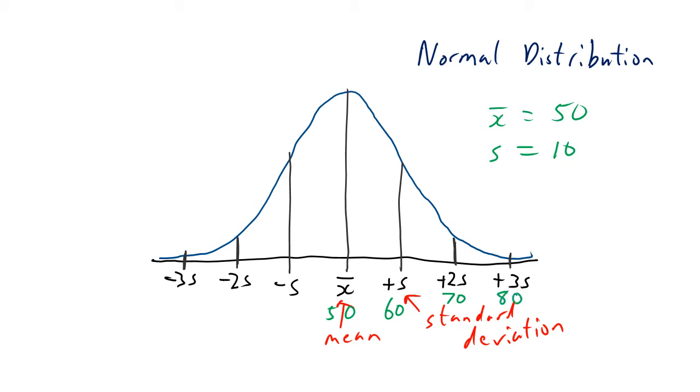And 3 standard deviations, we're adding them on, so that gets you to 80. And then minus 10 from 50 is 40, then minus another 10, 30, and minus another 10, 20. So you can see how you place these values on there, and that will really help you with some of the calculations you have to do later.